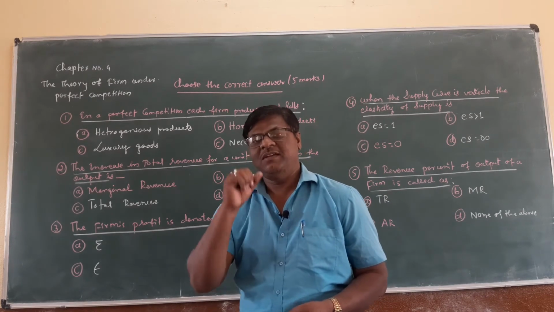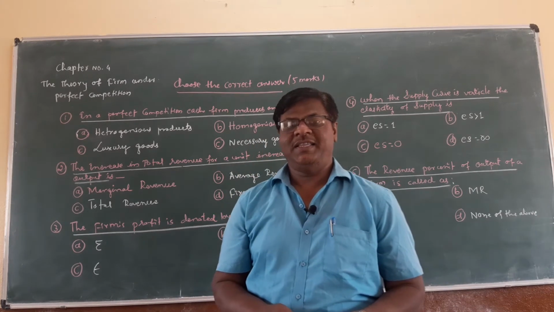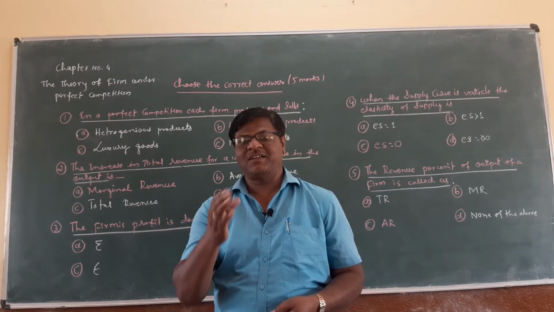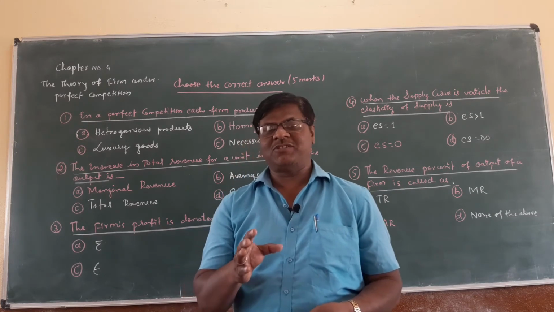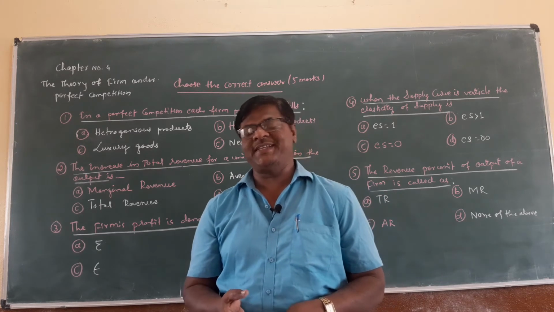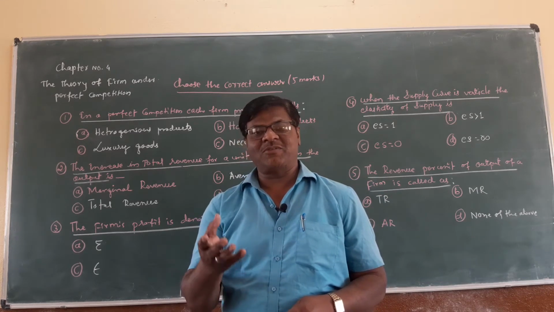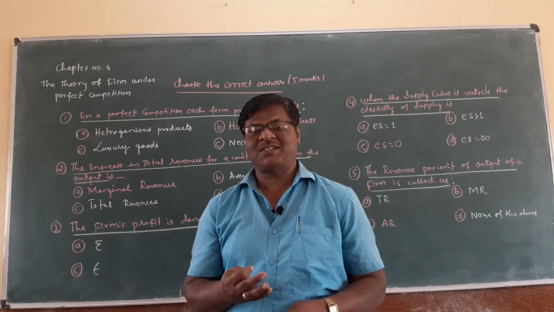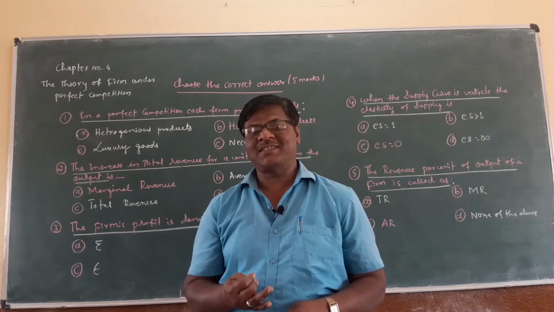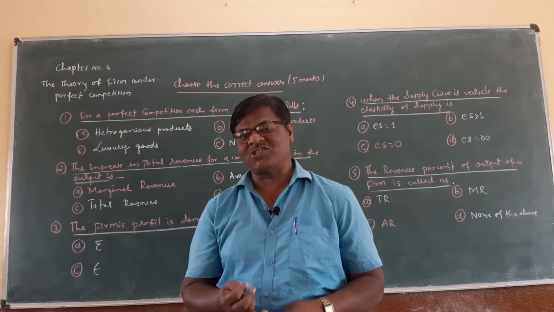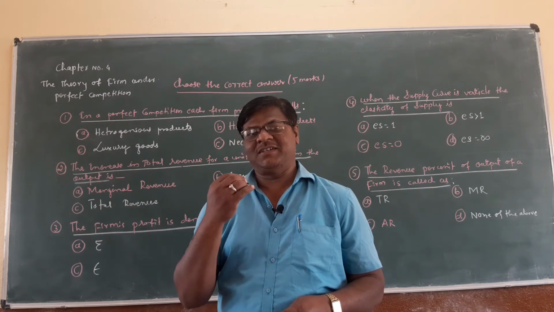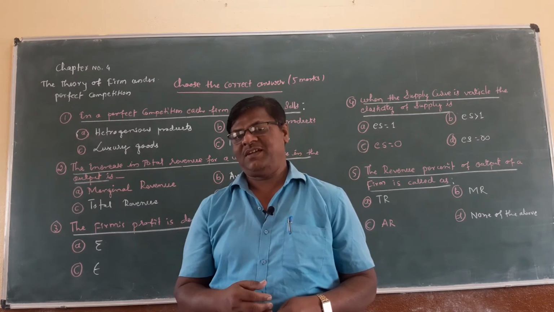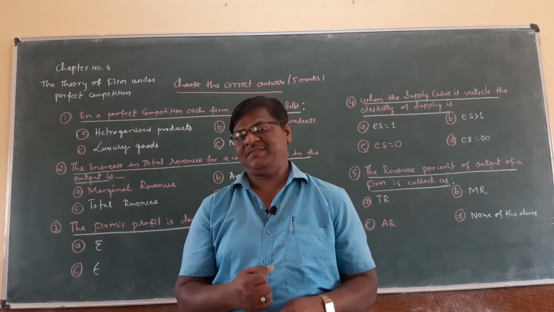Already you know the features of perfect competition. There are a number of features. First one is, there are a large number of buyers and sellers. There is homogeneous product and single price, no transport cost, free entry and free exit of firms, and price taker.